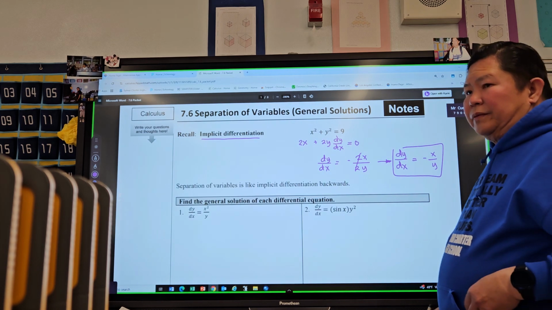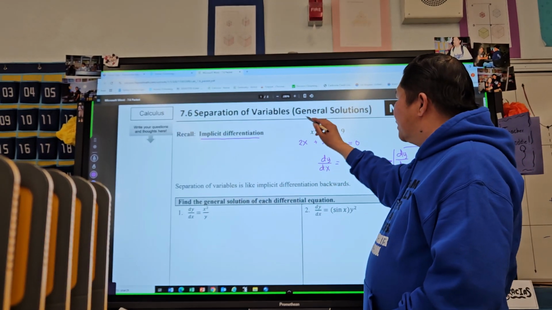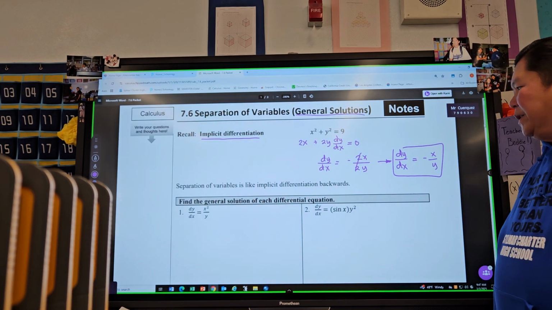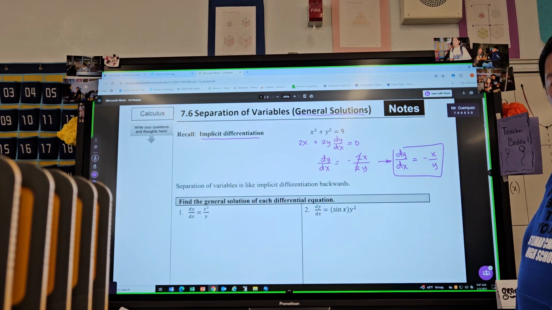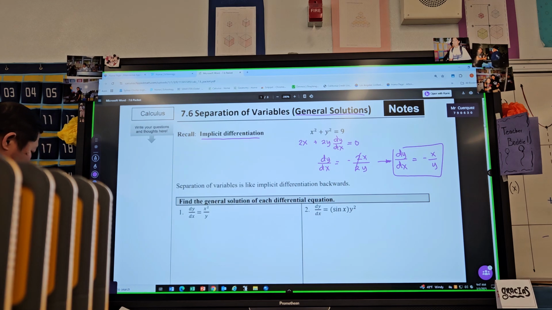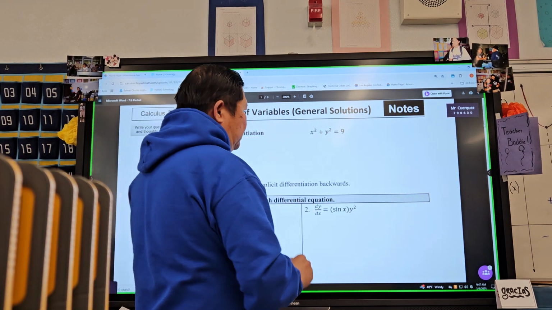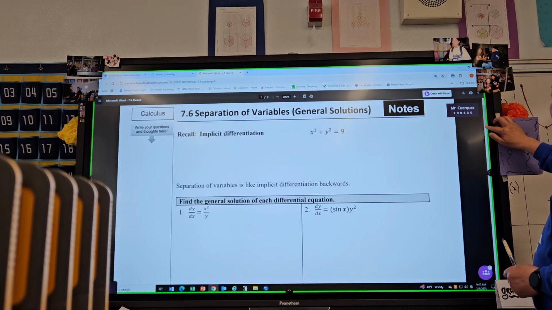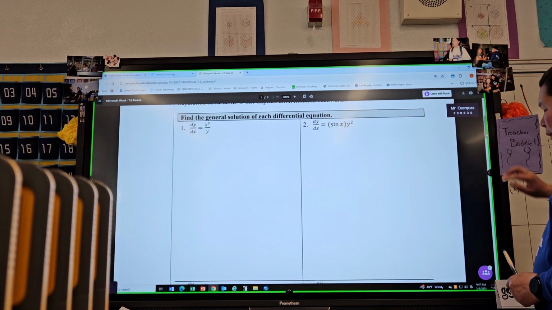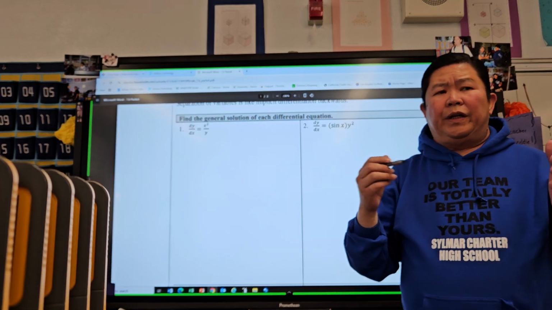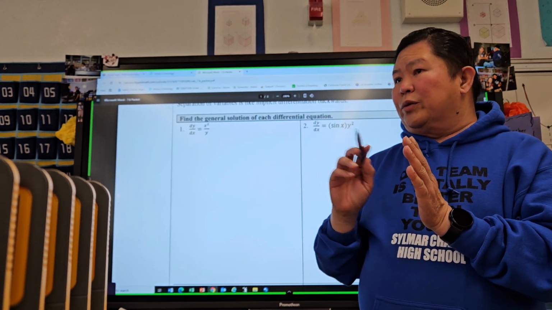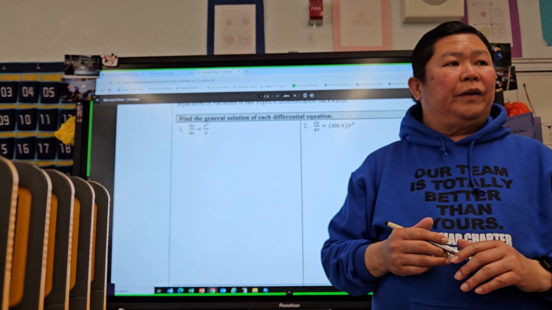Okay, so this time we're gonna do separation of variables, but it's gonna be on general solution. So find the general solution of each differential equation. So our concern is to separate the variable, meaning we can combine the x with dx and y with dy.